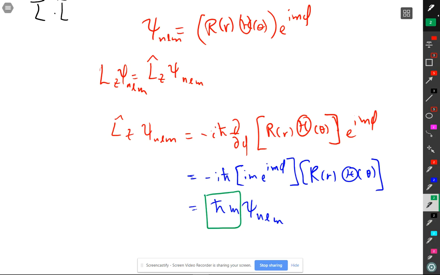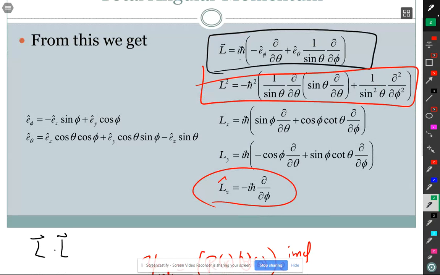Now, if we were to do a similar thing with the L squared operator, well, that's a lot more work, isn't it? It is. And so you know what the textbook does? It does what any crafty mathematician does. It kind of goes around in a loop using the raising and lowering operators, and it's kind of convoluted.